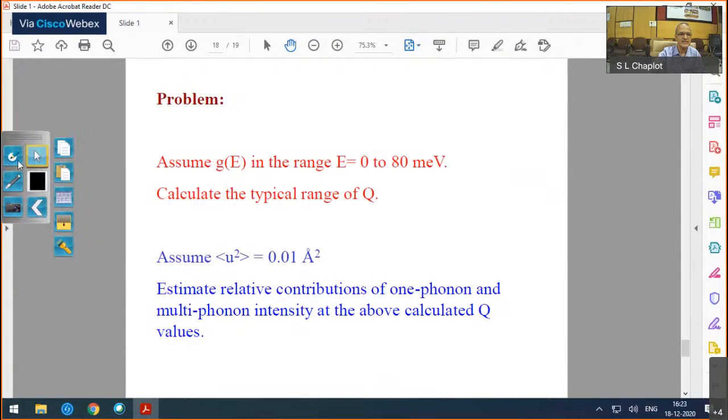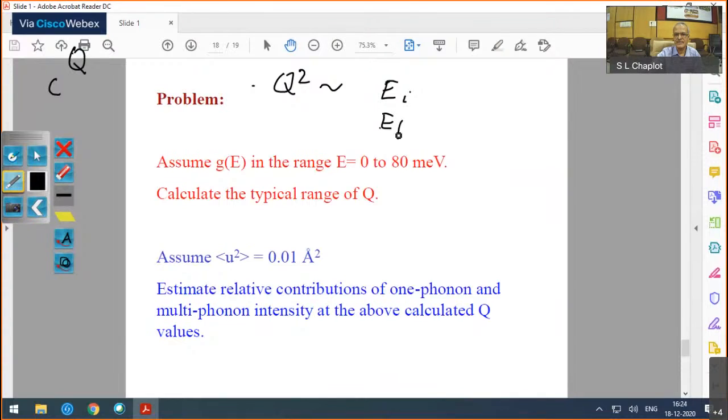Let me just very quickly write an answer here. So you see, we said that Q square is of the order of, okay, you have to assume what is your EI and what is your EF, and then correspondingly get KI, KF, and then write Q square.